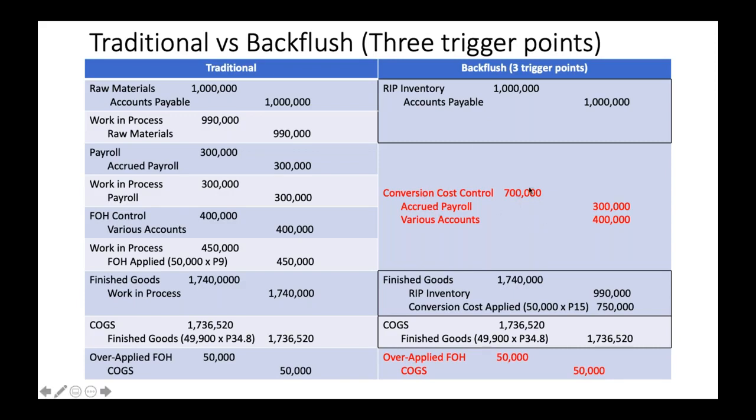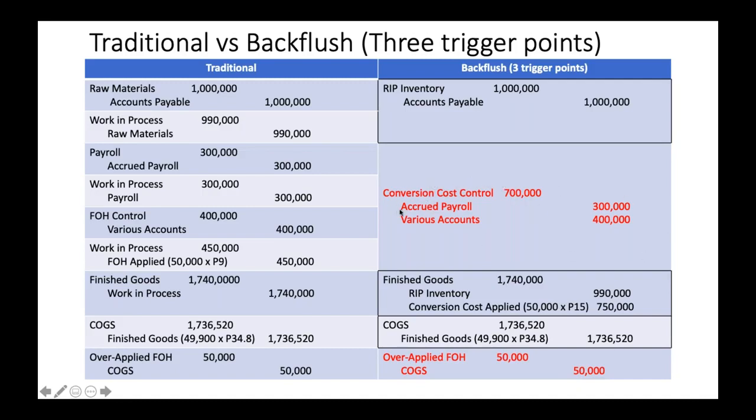So, after determining the actual cost, you will make an entry, debit conversion cost control 700,000, credit accrued payroll of 300,000, and various accounts for the overhead of 400,000. This red colored journal entry is the flushing back of the cost after making the journal entries in the trigger points.